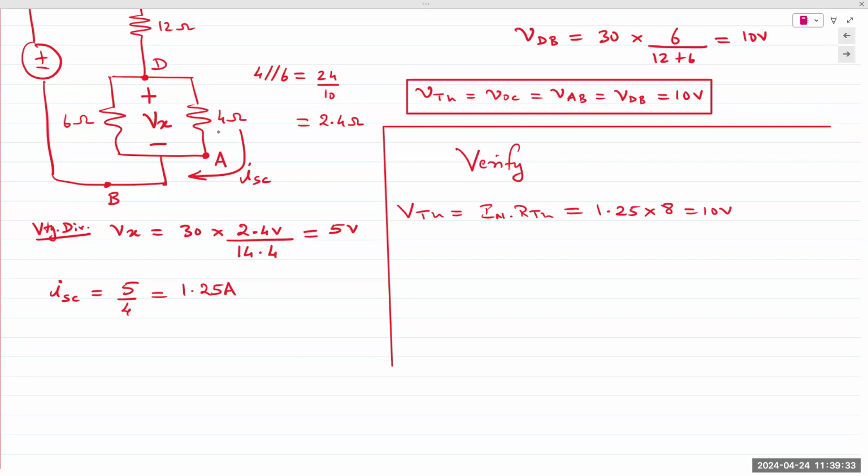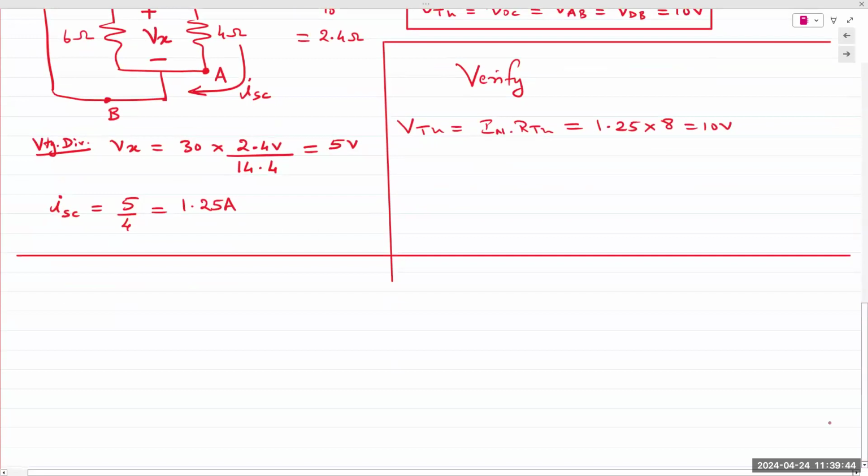The final two circuits, final Thevenin circuit, should look like this. It's always the same.